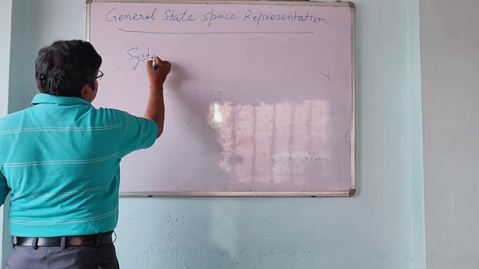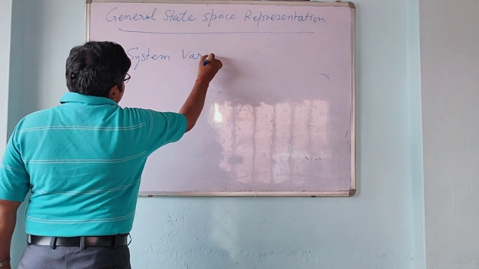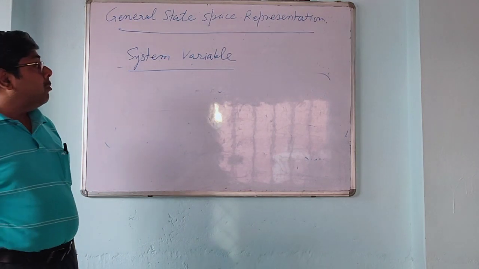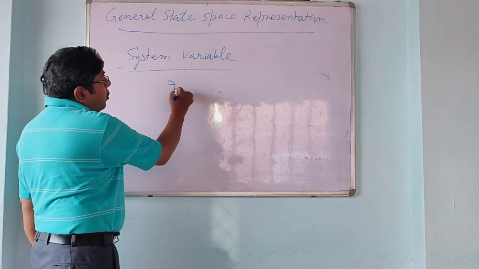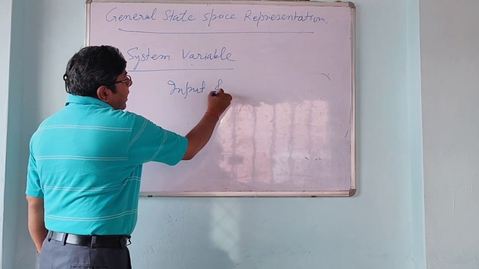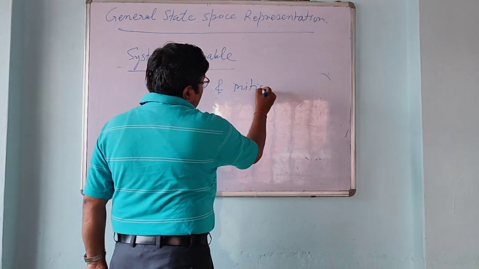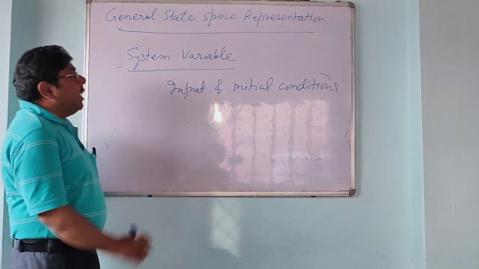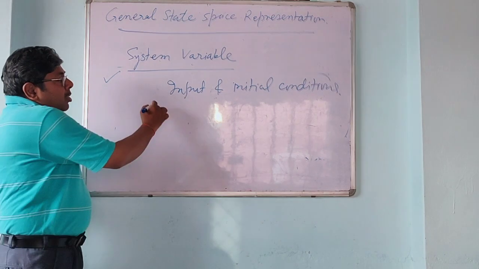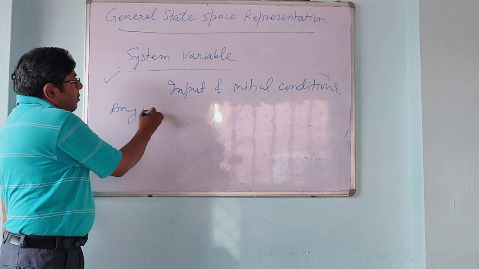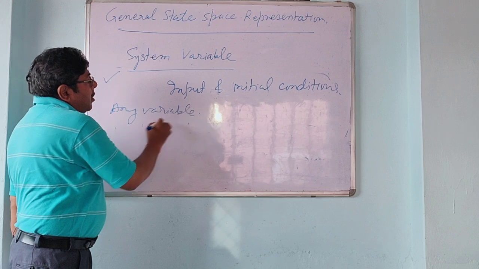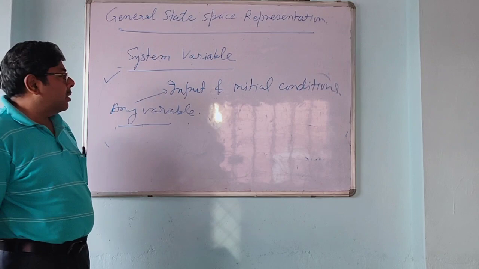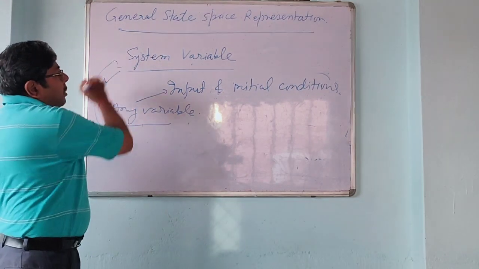System variable: any variable which responds to input and initial conditions. Any variable which responds to these two, input and initial conditions, are called system variables.